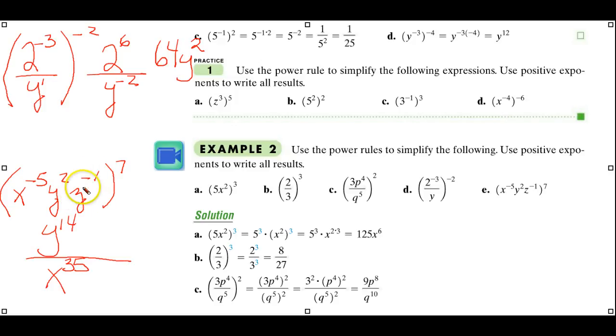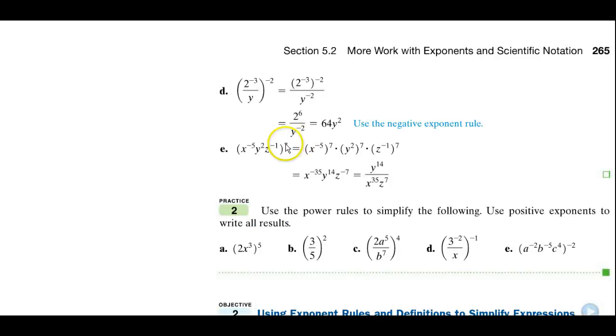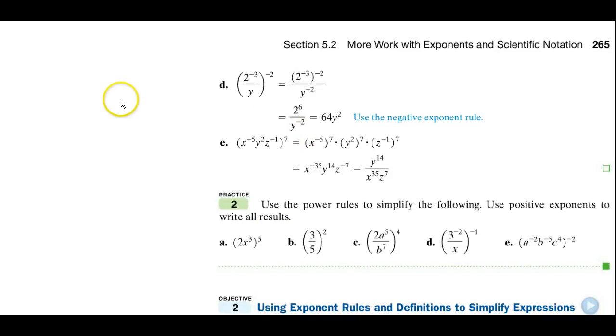And this is going to be z to the negative 7, which will then go to the denominator as a positive 7. Now you could have written it out in an intermediate step, or just go keeping in mind if it's negative, it goes to the denominator. If it's positive, it stays in the numerator. Okay. And there's the work in your textbook.